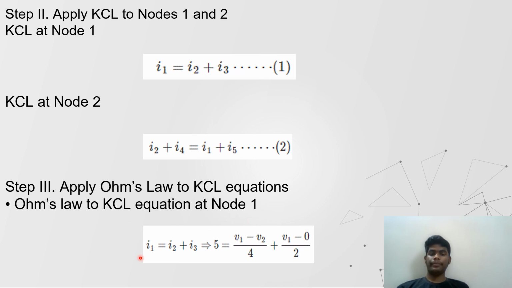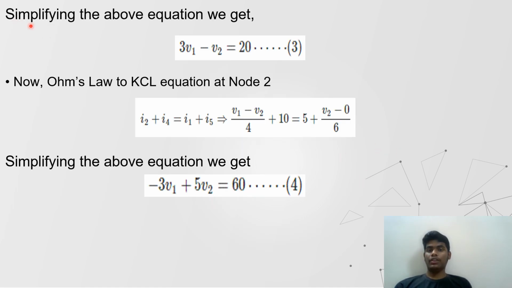At node 1, I equals I2 plus I3, which equals 5, that is (V1 minus V2) by 4 plus (V1 minus 0) by 2, where I equals V by R. By simplifying the above equation, we get 3V1 equals 20 plus V2, the third equation.